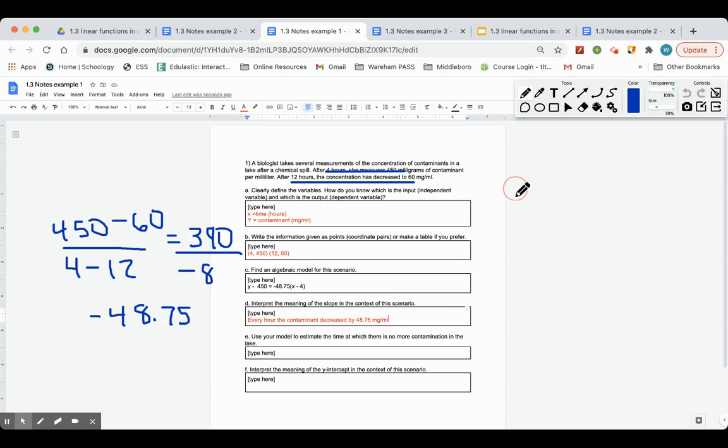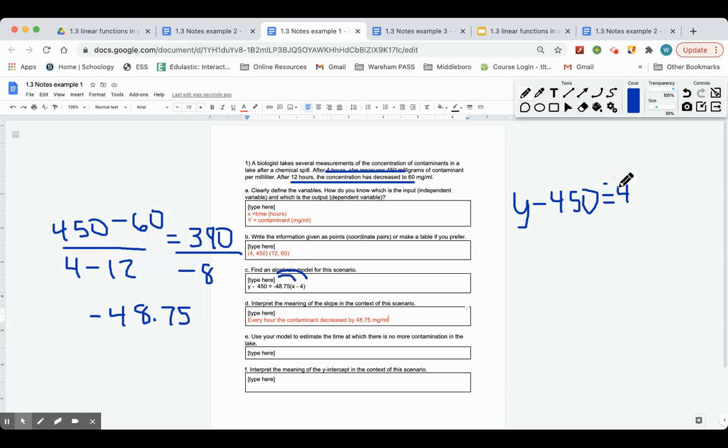All right. So I'm going to take my y minus 450 equals, and I'm going to distribute that negative 48.75.